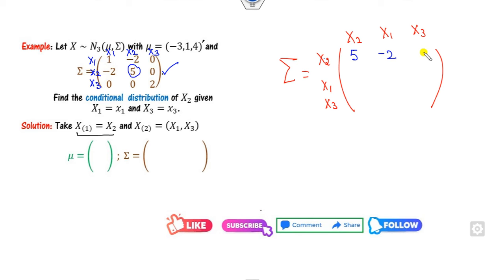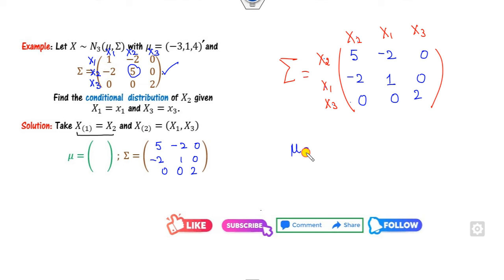So then this number is my 0. x2 x1, x1 x2 minus 2, x1 x1, x1 x3, x3 x2 0, 0 and 2. So this matrix will be my 5, minus 2, 0; minus 2, 1, 0; 0, 0, 2.